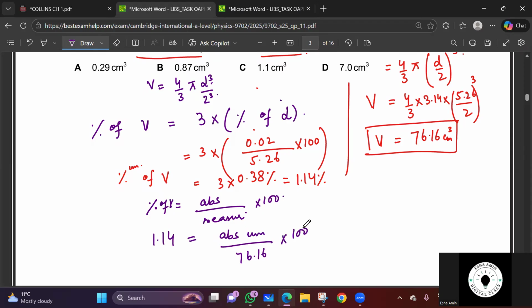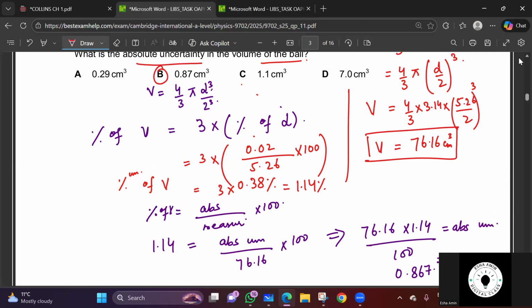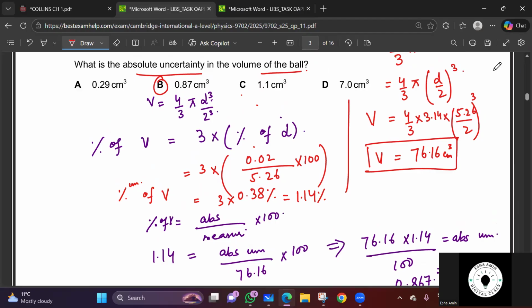Moving these to the other side, this will be 76.16 into 1.14 over 100 equals the absolute uncertainty. When you calculate it, you will get 0.867. That is option B, right? So this is how you will do this question.